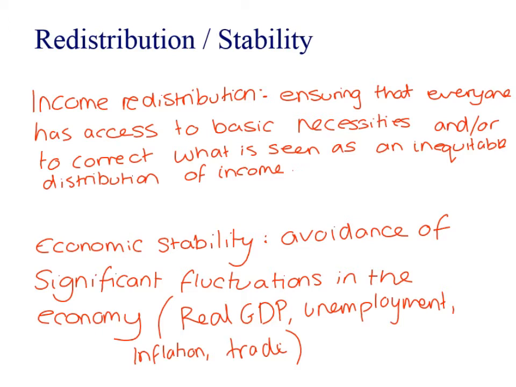So basically taxing richer earners and distributing that money to poorer earners to get a more fair, or equitable, distribution of income. And economic stability is the avoidance of significant fluctuations in the economy. Those fluctuations may be in real GDP or growth rates, unemployment, inflation or the price level, or trade balances.